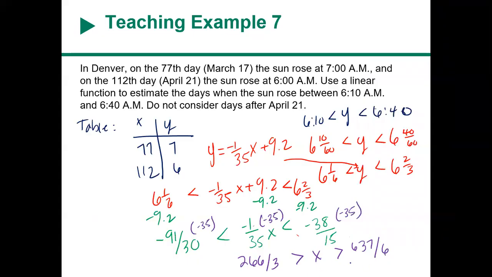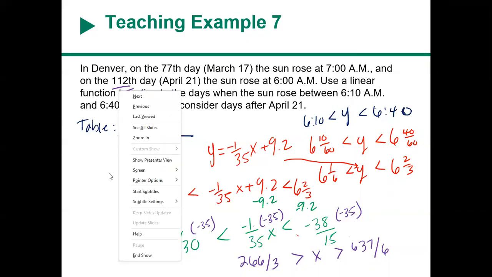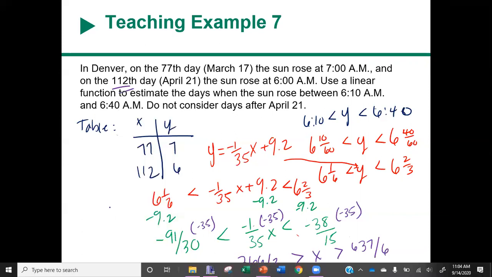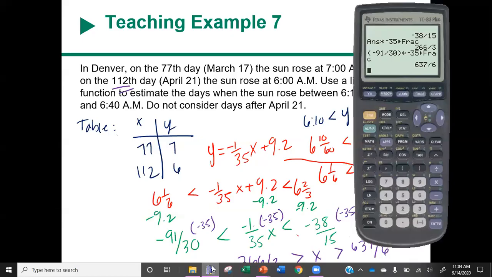So my x value has to fall in between these numbers of days. And it told me not to go past the 112th day. So now I can take these values and figure out what they really are in the real world. Because no one walks around and says, I'm on the 266 over 3rd day. Can't even say it. Of the year.